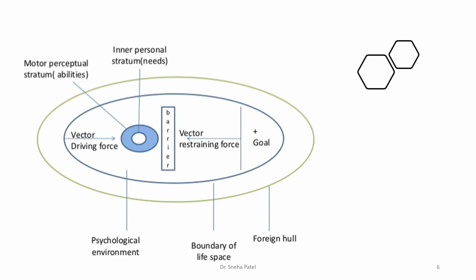Students, this is not given in your textbook, but this is actually Kurt Lewin's model of environment. Here you can see the person, and there are two forces driving the behavior of the person. One is the driving force and the other one is the restraining force. There is always a goal, and the person always wants to reach that goal.